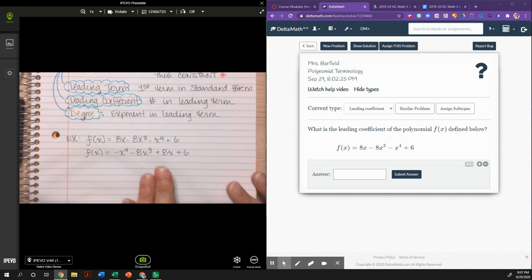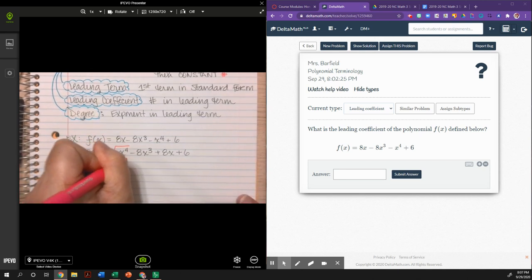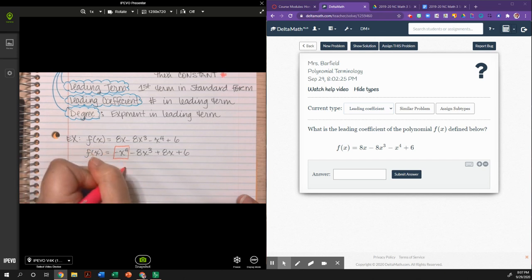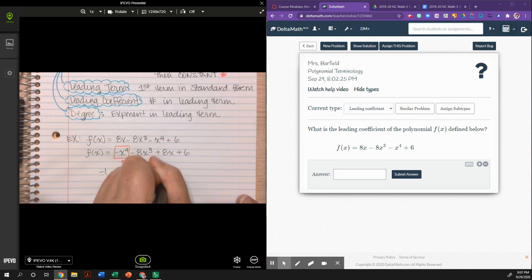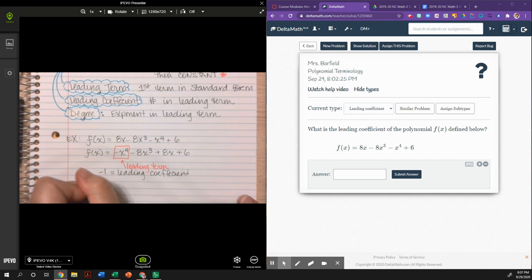Now this example is in standard form, which means this right here is my leading term. My leading coefficient would be negative 1, and my degree would be 4.